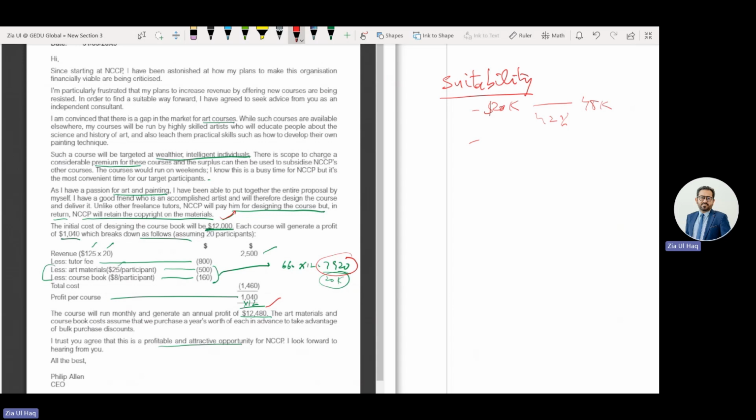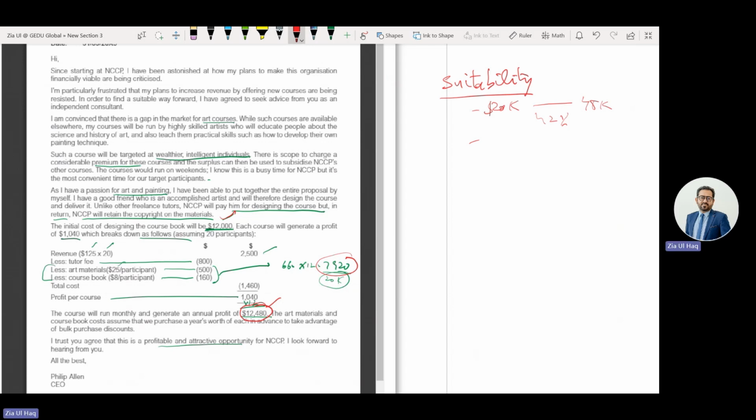So mainly 12,000 you are going to put, and your profit for the 12 months will be 12,480. This means you will get back the money you invest in 12 months. The payback period is also about 1 year. That we need to consider, because for 1 year you will not have your amount recovered.